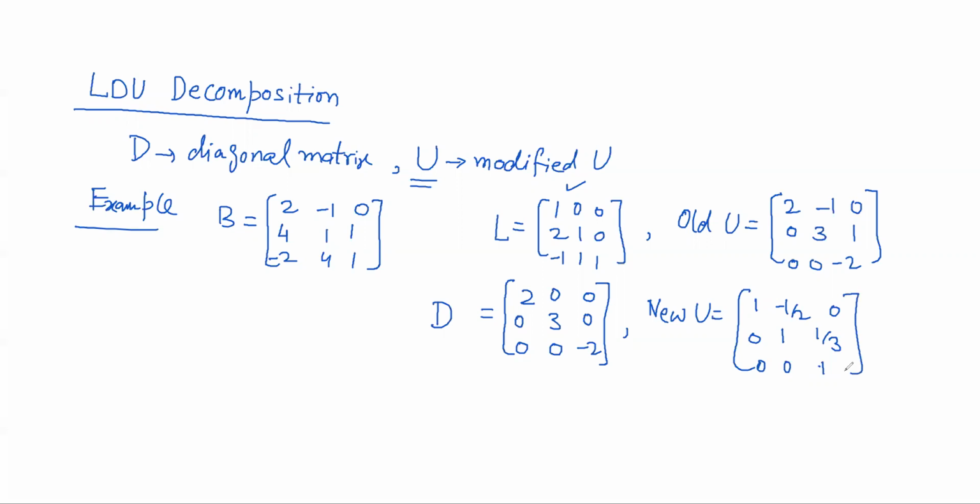Okay. So in this way, you will get this LDU decomposition. It means that if you want to decompose a matrix into LDU, first you decompose into L and U, and from this U you get those new D and U matrices. Okay, is it clear?